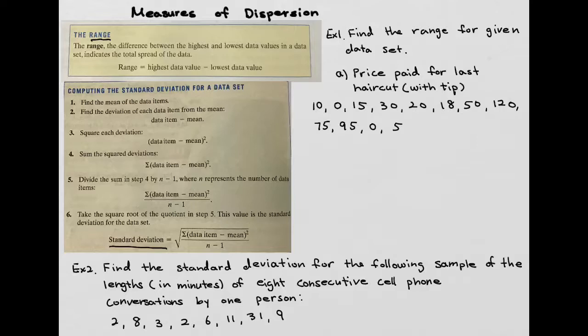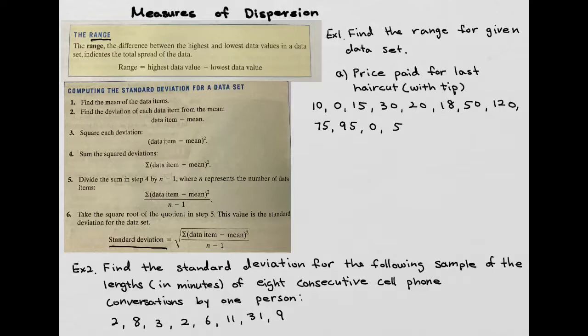With this data set, to find the range we need to find the highest and lowest values. Sometimes if you cannot locate them, you need to rewrite the data from the smallest to the highest numbers. But we have a smaller set here, so it's easy to find. The smallest number is 0, and the highest number is 120, right?